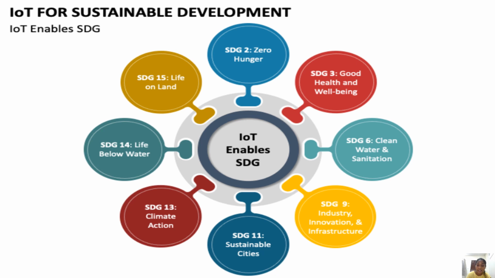These smart city initiatives leverage IoT technology to improve urban efficiency. Then we have industry and innovation, that is innovation across industries by enabling data-driven decision making and automation in manufacturing, healthcare, transportation, and other sectors. IoT solutions improve efficiency and resource utilization. So this is how IoT enables these SDGs.